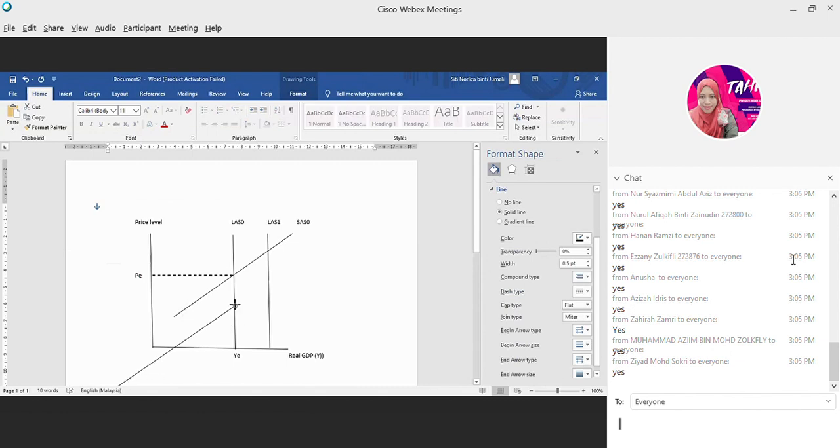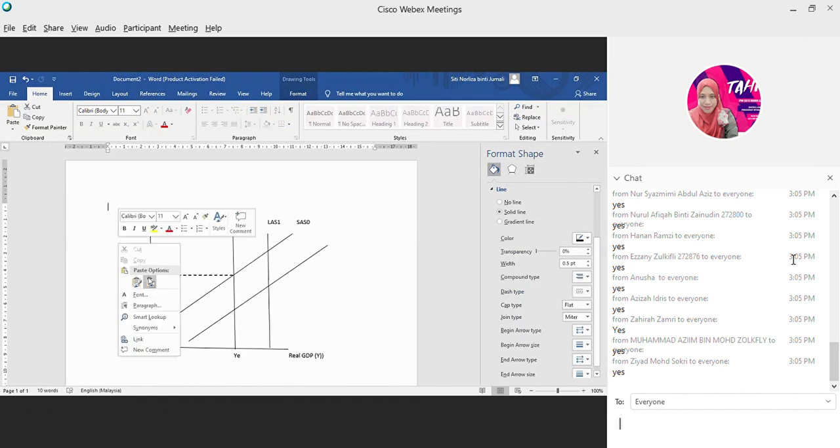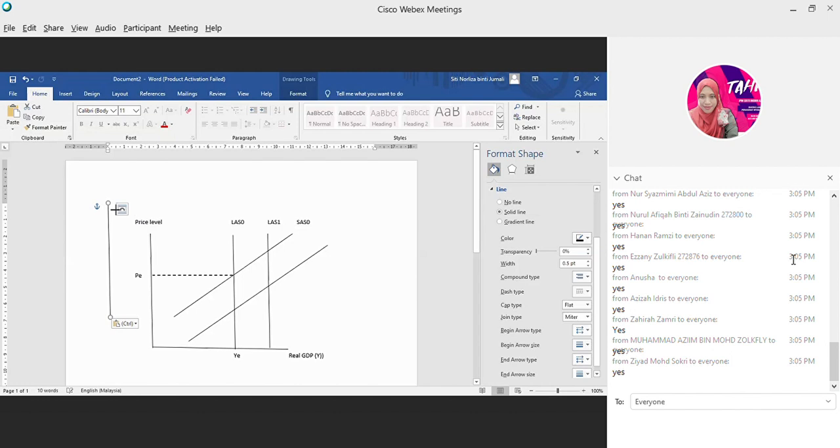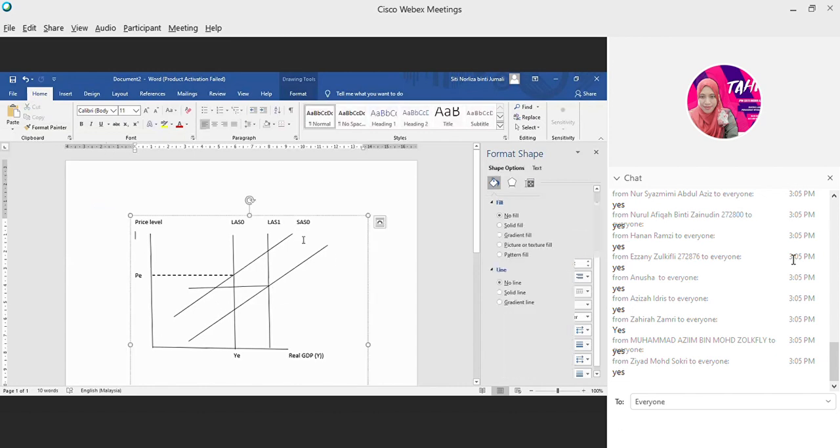Okay. So if you want to spot the new equilibrium, it should be over here, because both shift to the right.